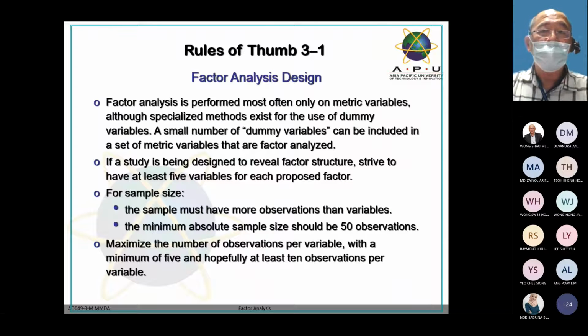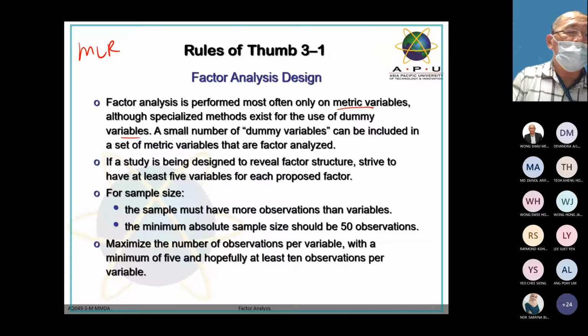Factor analysis is performed most often using metric variables, consistent with your assignment. Sometimes you can use dummy, but it's already different, a bit more advanced. Just like multiple linear regression, it's normal and easy when everything is metric, but dummy is a little bit more advanced.